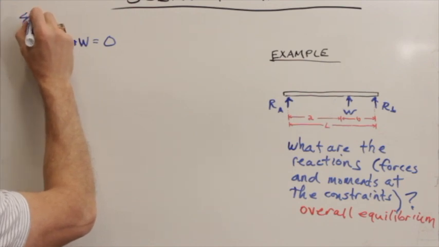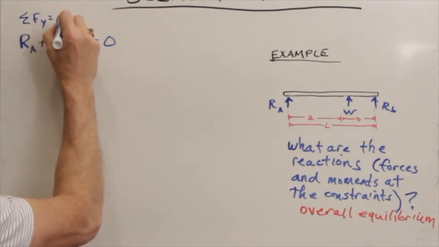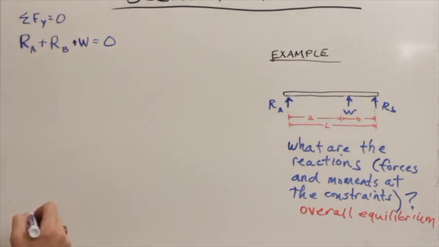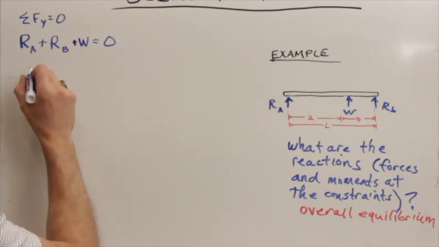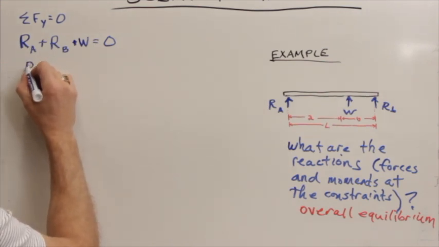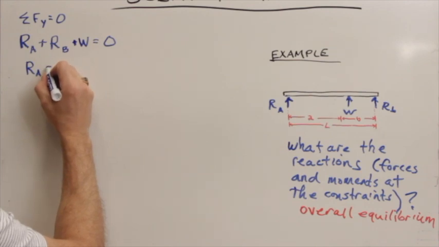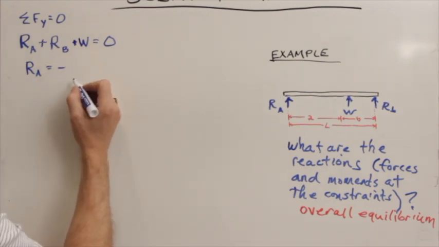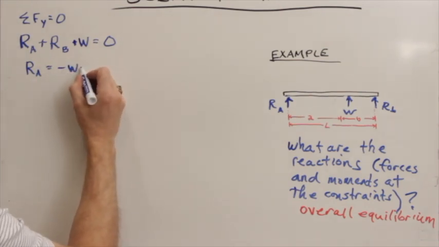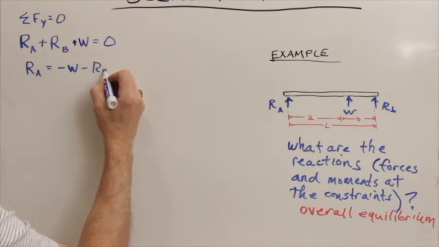This is taking the sum of the forces in the y direction equals 0. So we compute that RA is equal to the opposite of W minus RB.